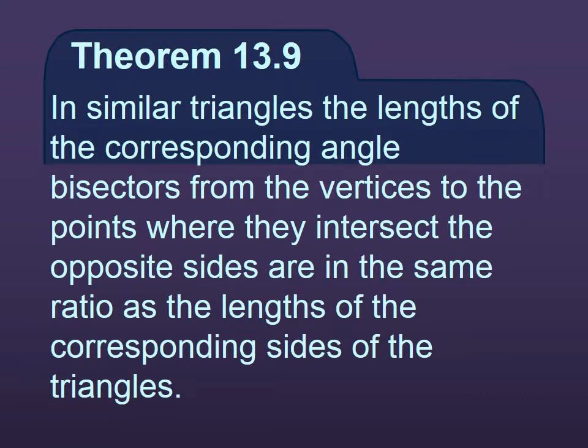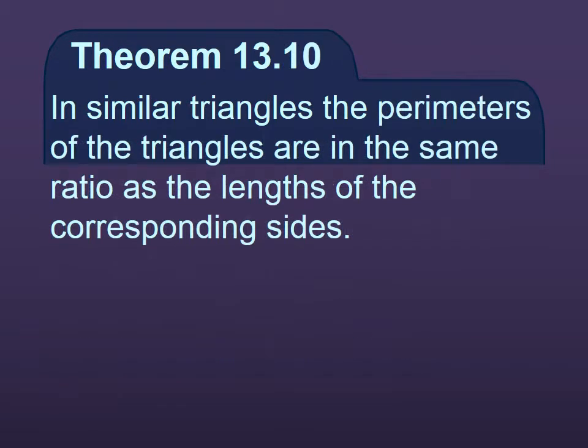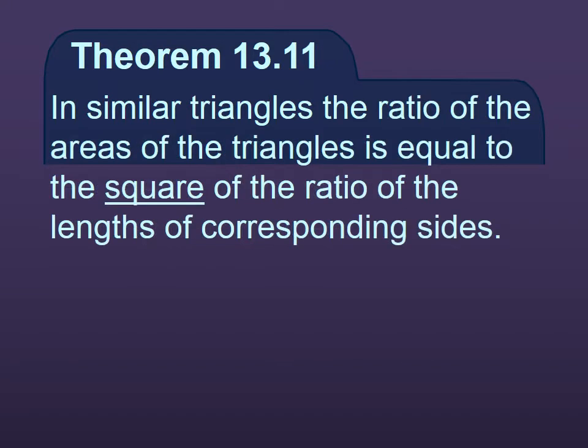In similar triangles, the angle bisectors also have the same ratio as the corresponding sides. The perimeters of similar triangles have the same ratio as corresponding sides.